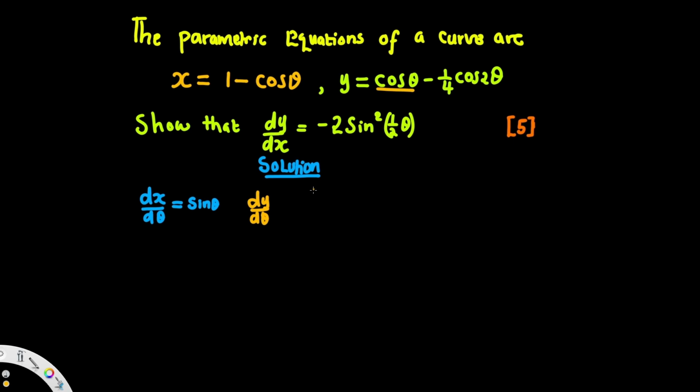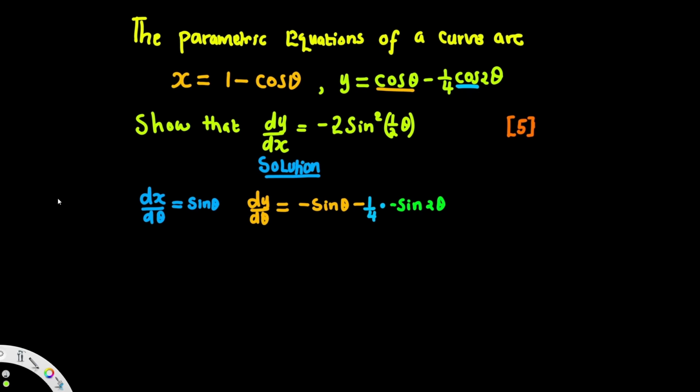We're going to differentiate y with respect to theta. If you differentiate cos theta, you get negative sine theta. Now, if you differentiate cos 2 theta, we use the chain rule. First differentiate cos, which gives negative sine 2 theta, keeping the 2 theta as it is.